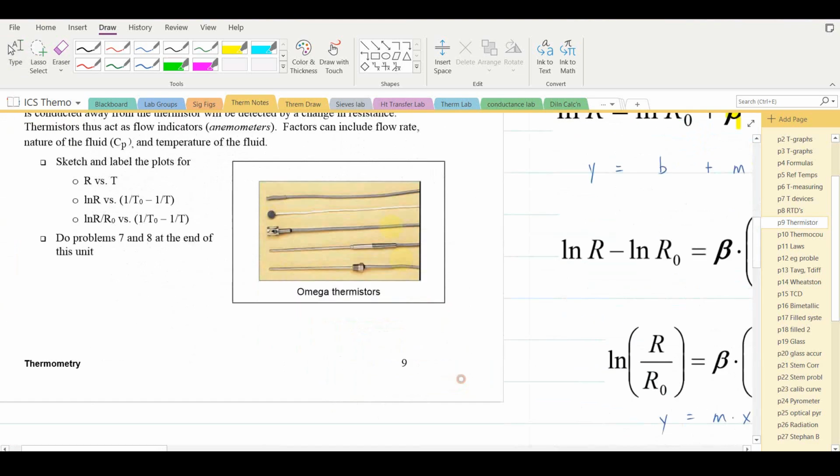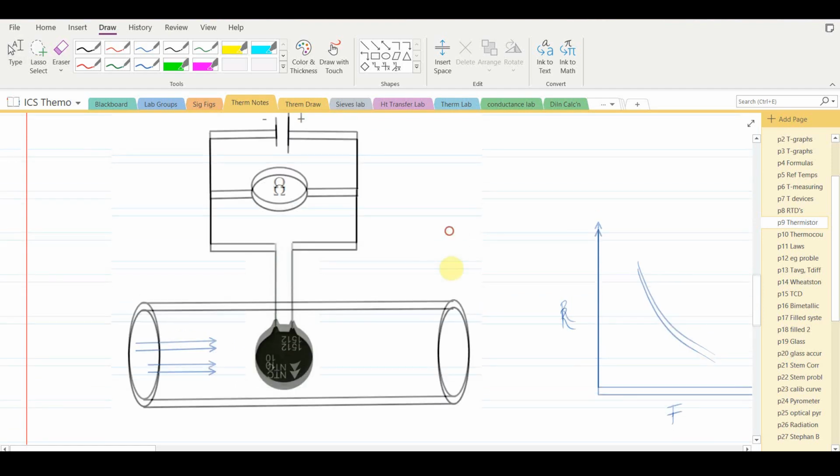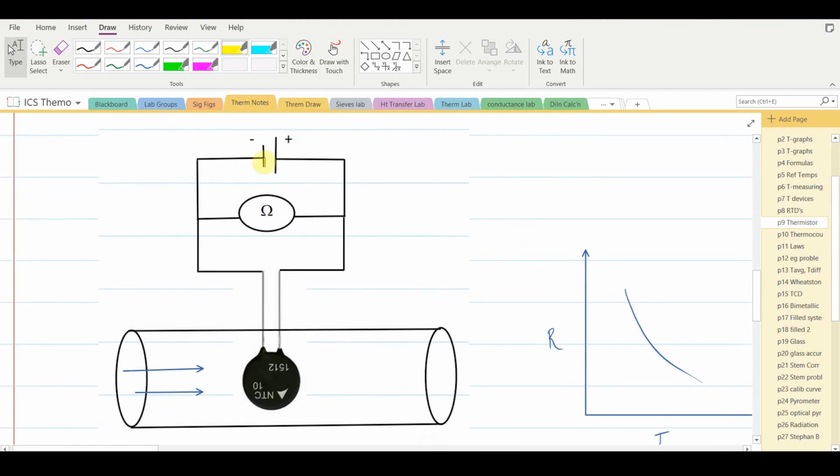So you could picture, here I have a thermistor that is immersed in a pipe, and the fluid is flowing through the pipe. Now we're applying a DC current, forcing DC current through our semiconductor, so not much current will flow. Owing to the applied voltage, it will heat up a little bit.